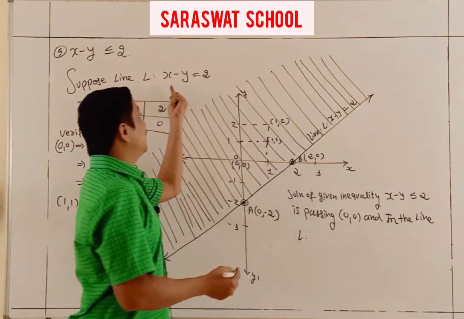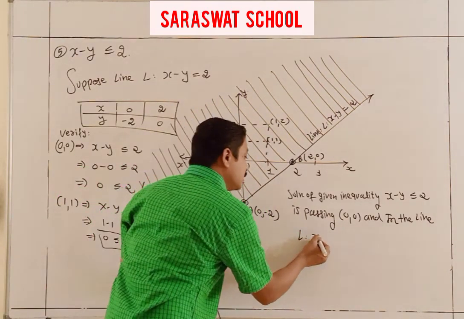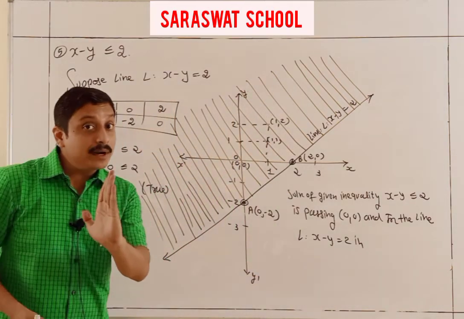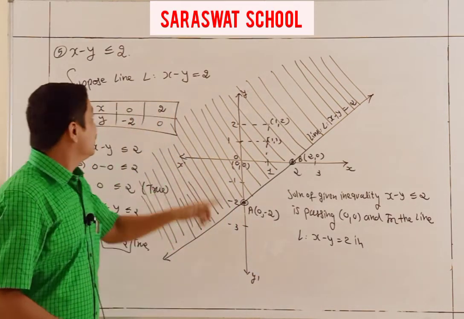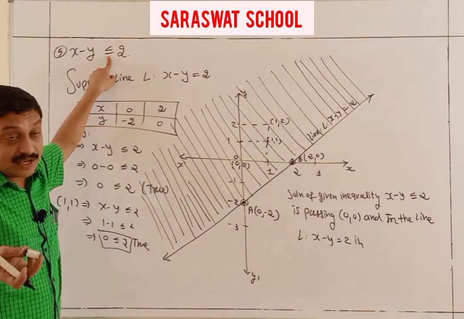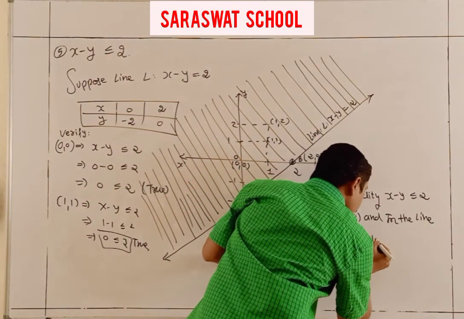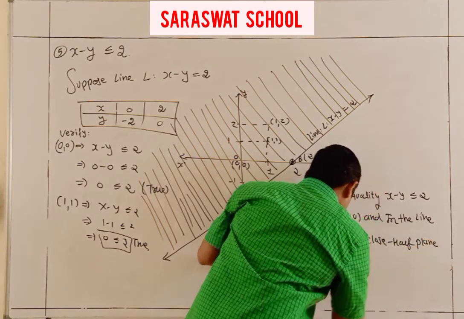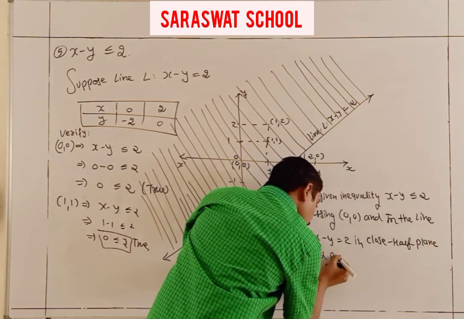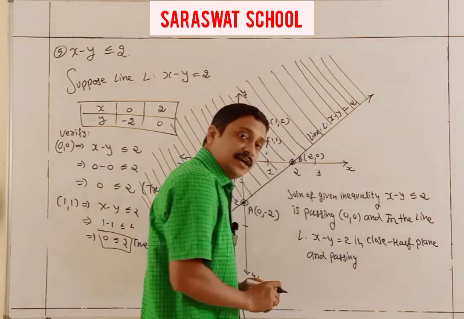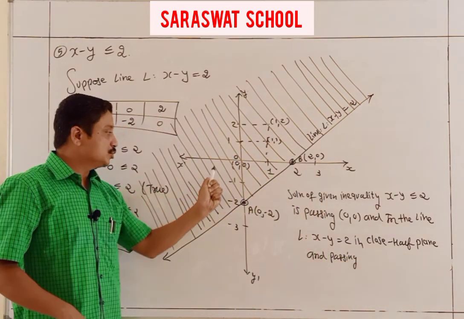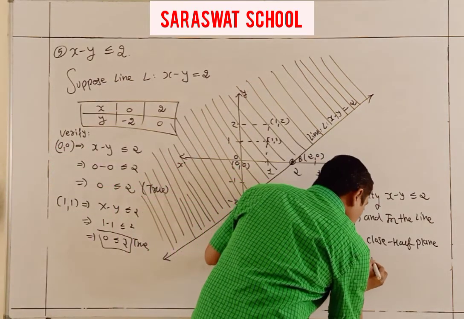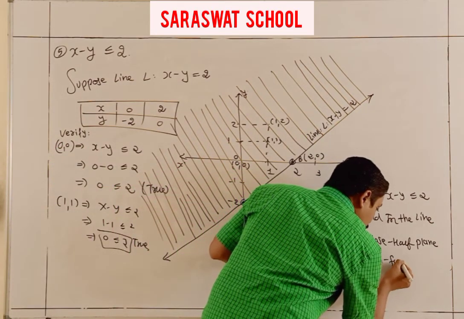Our line L is x minus y is equal to 2. Now write down open half plane or closed half plane. Since "or equal to" is given, it is a closed half plane, and passing through which quadrant? Quadrants 1, 2, 3, 4 are all possible. So passing through all 4.